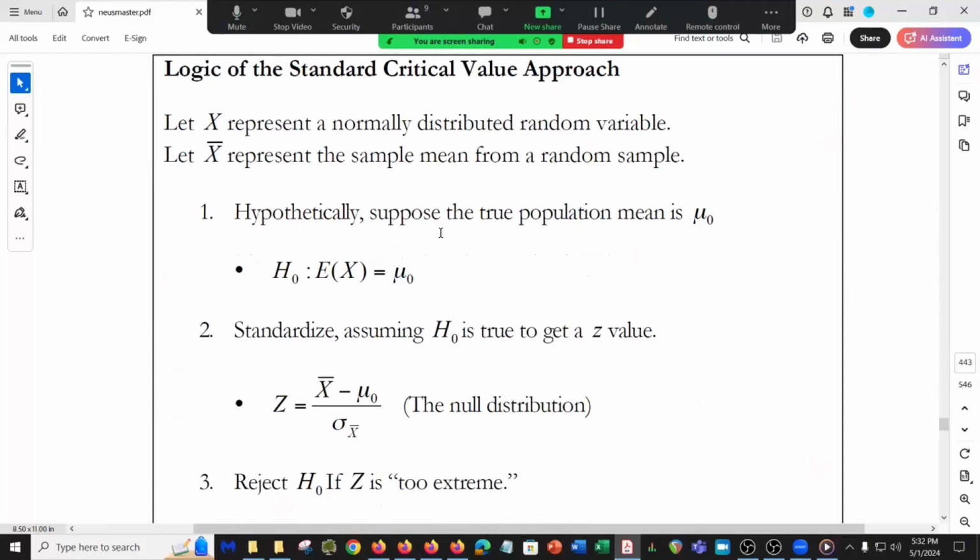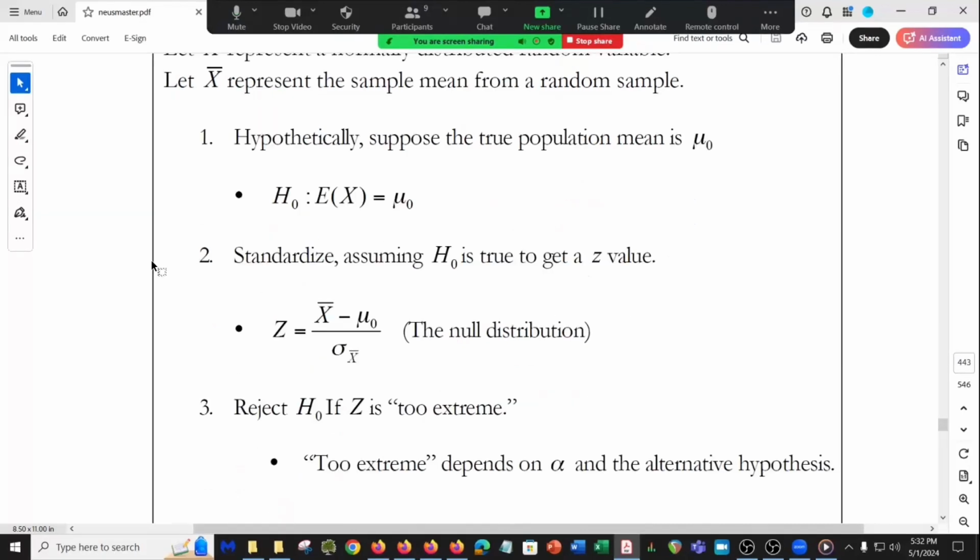Hypothetically, let's just suppose that the true population mean is some arbitrary value, which we are going to call mu naught or mu sub 0. So we're going to hypothesize that the expected value, that is the population mean, of the random variable is just some hypothesized value.